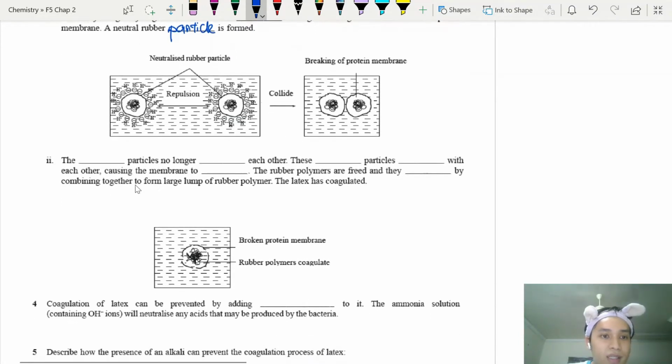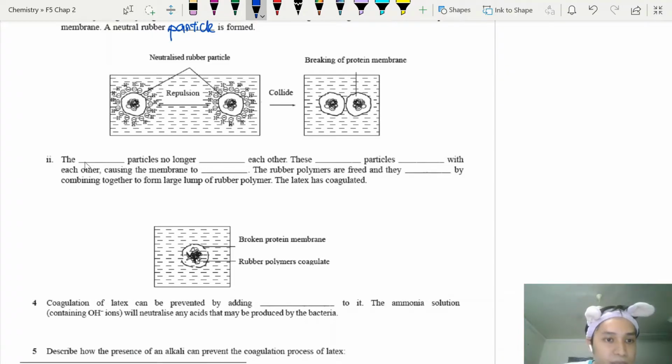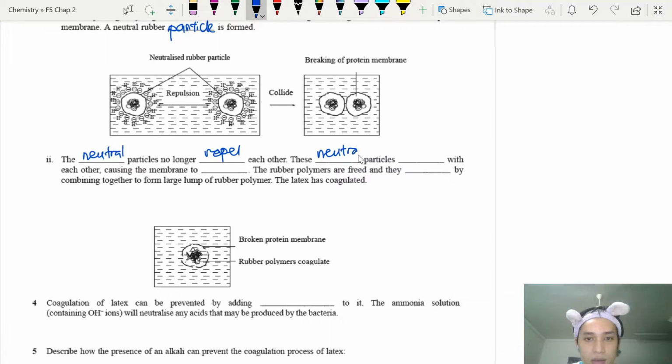So if you look at the explanation here, the neutral particles no longer repel each other. So the neutral particles will collide, meaning they will hit each other, and you're going to break the membrane.